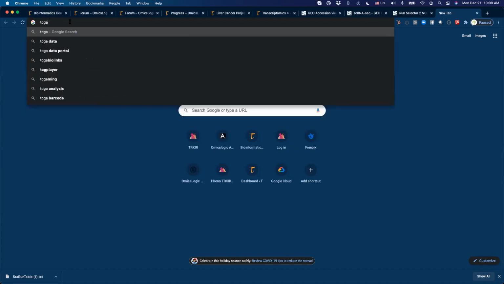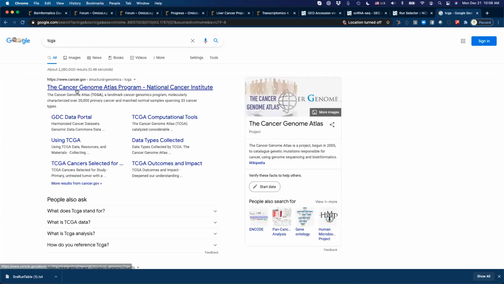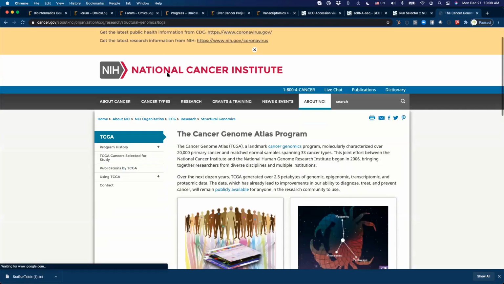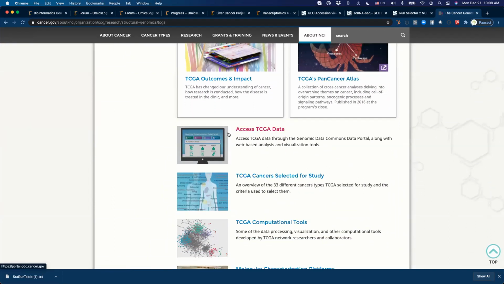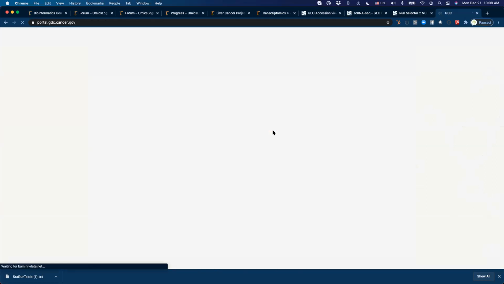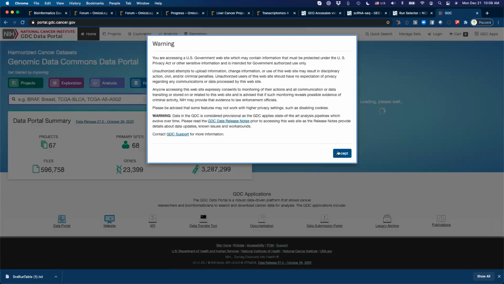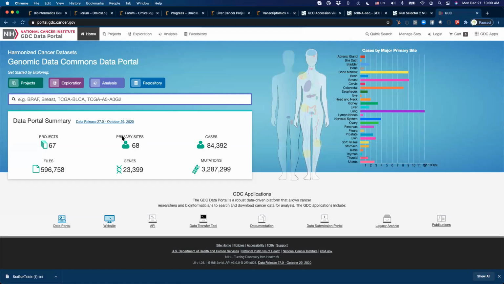So, if you just look for TCGA, you will see the description of TCGA right here that explains what exactly they did and how this data was used. And here you will have access to TCGA data. And unfortunately, this portal, I personally do not like as much as some other portals that have essentially a replica of the same data set.